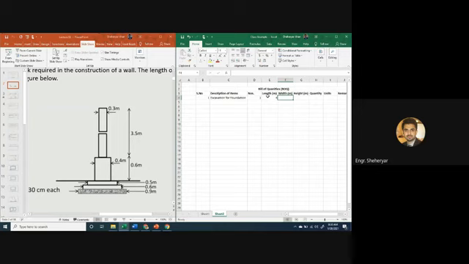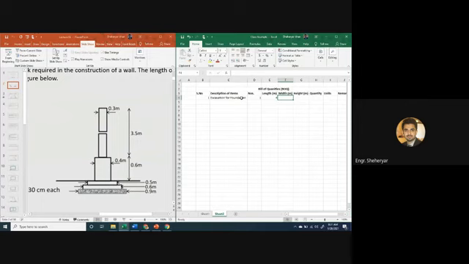Okay, now what will be the width of excavation? हम कितनी width की excavation करेंगे? ये जो excavation करेंगे उसकी width क्या होगी? 30 centimeters, sir. 50 centimeter.